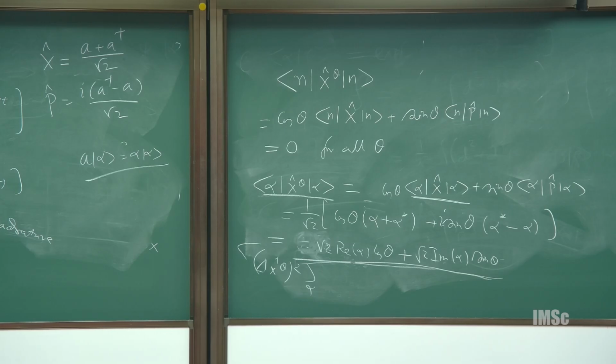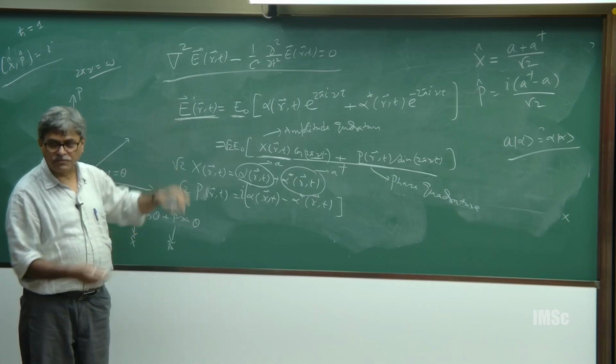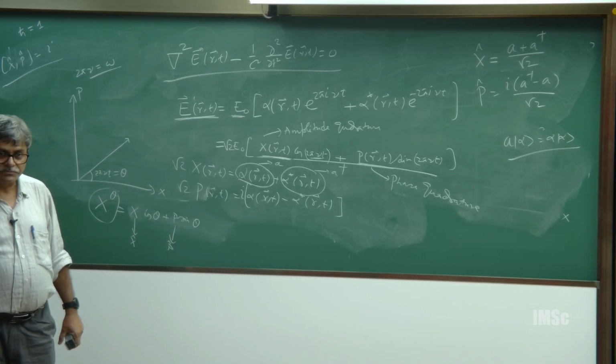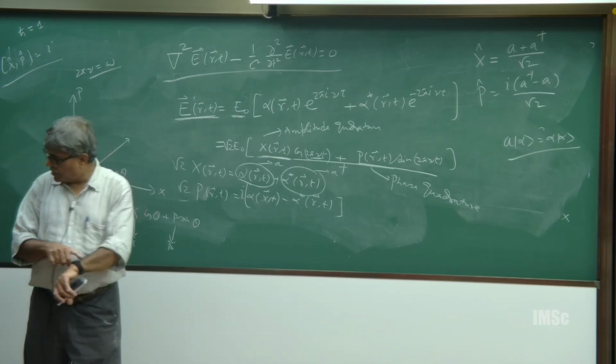What I will do next time is go into details about the connection between the different orderings and the phase space distribution functions, and that will eventually lead us to the Glauber-Sudarshan P distribution function. Is that fine? Good. Any questions?